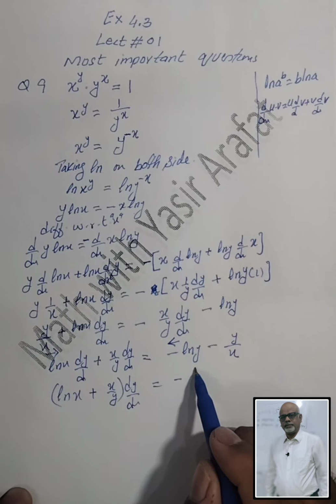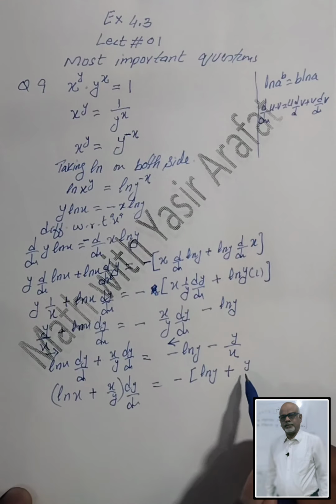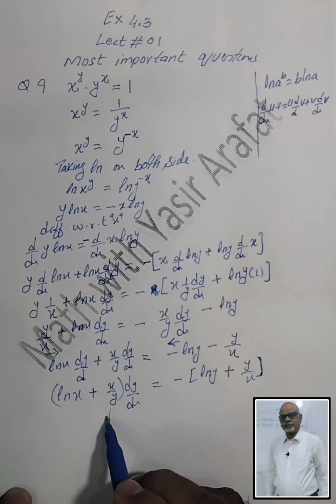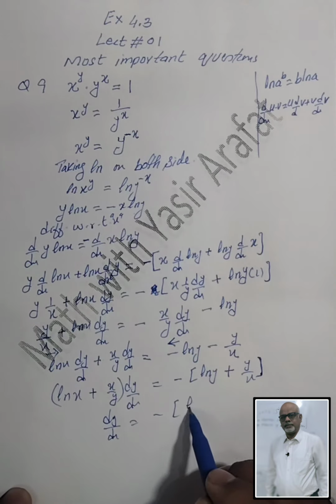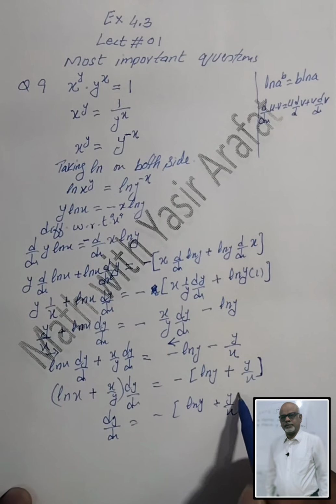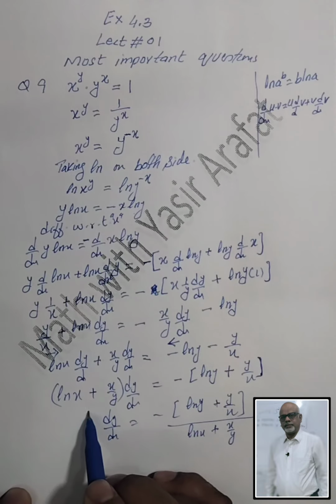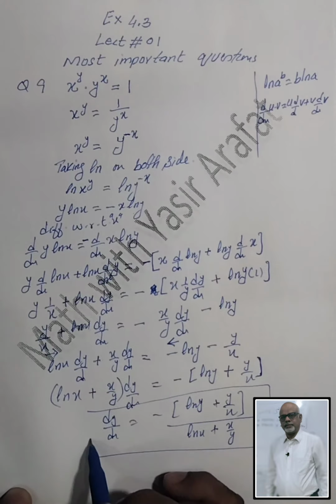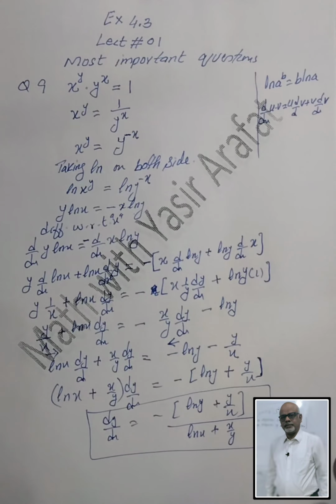Just take out the negative sign common here, y over x plus ln y, and now we have to find out the value of dy upon dx. It's up to you, you can take out the LCM as well. This is the derivative of this function, that was the exponential type equation.